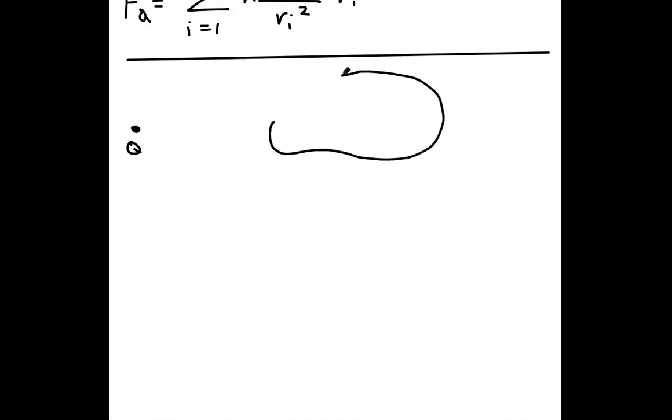So why is this useful? In order to better understand this, we have to consider a continuous charge distribution. For example, let's say that we have a charge Q here, and we have this body, looks something like this, and we want to find the force felt by Q as a result of this body over here.